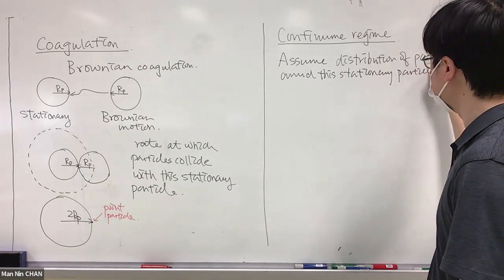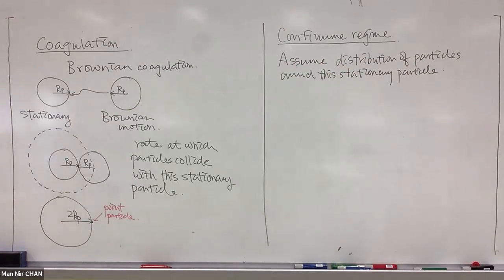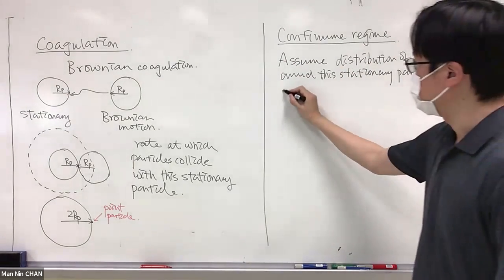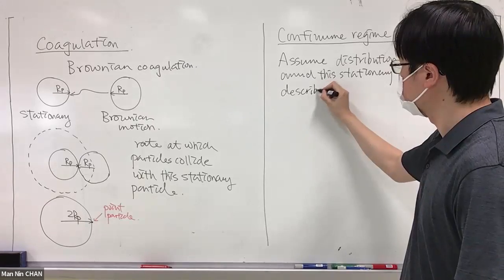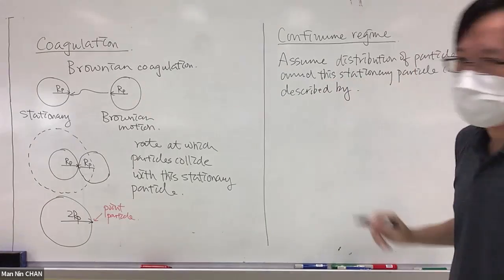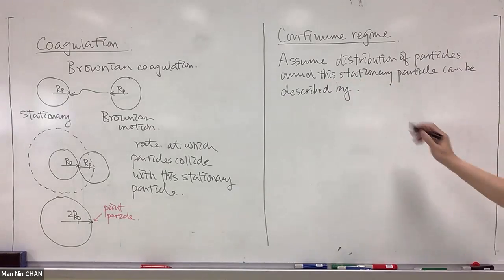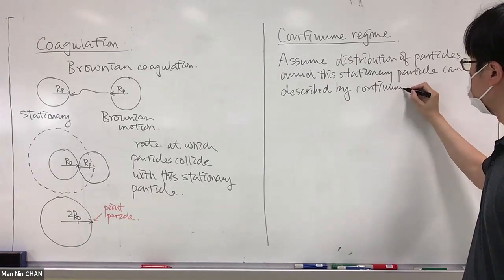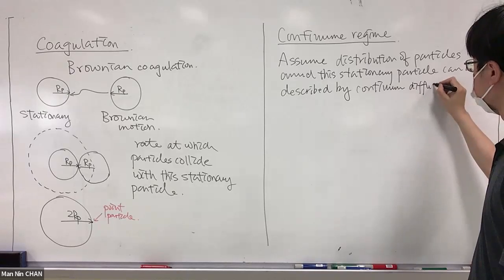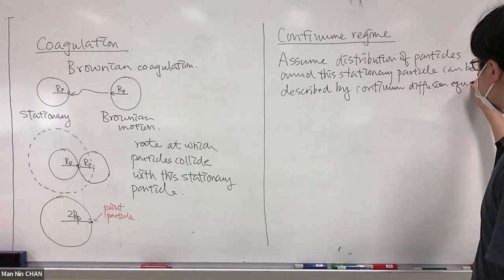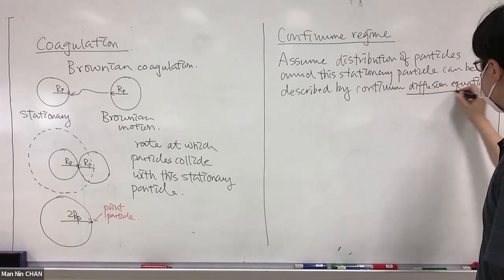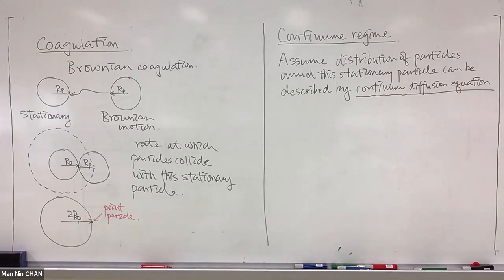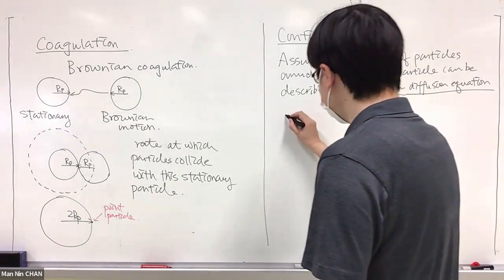So we need to know the concentration profile. Let's make an assumption: the distribution of the particles around this stationary particle can be described by a diffusion equation. We call it continuum because of the continuum regime. So we can describe it by some continuum diffusion equation.